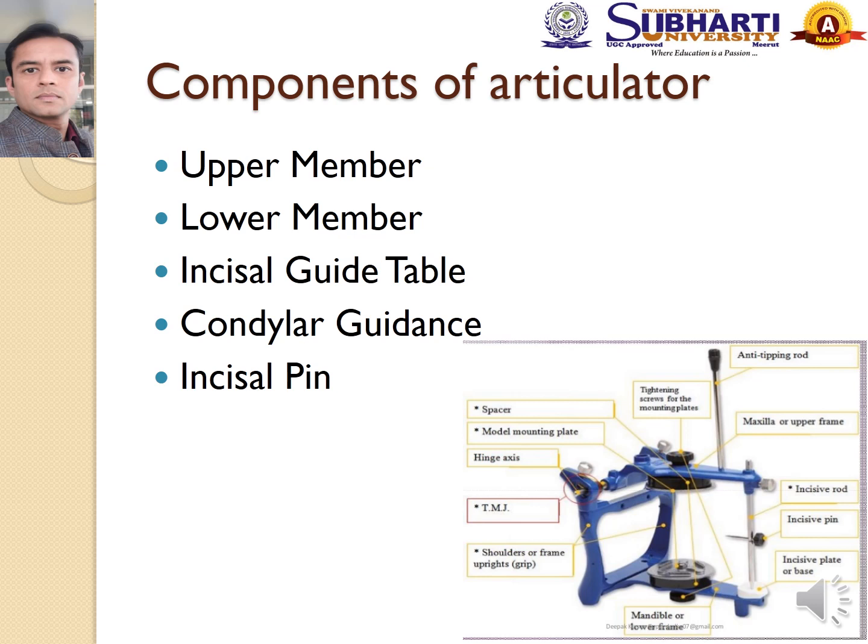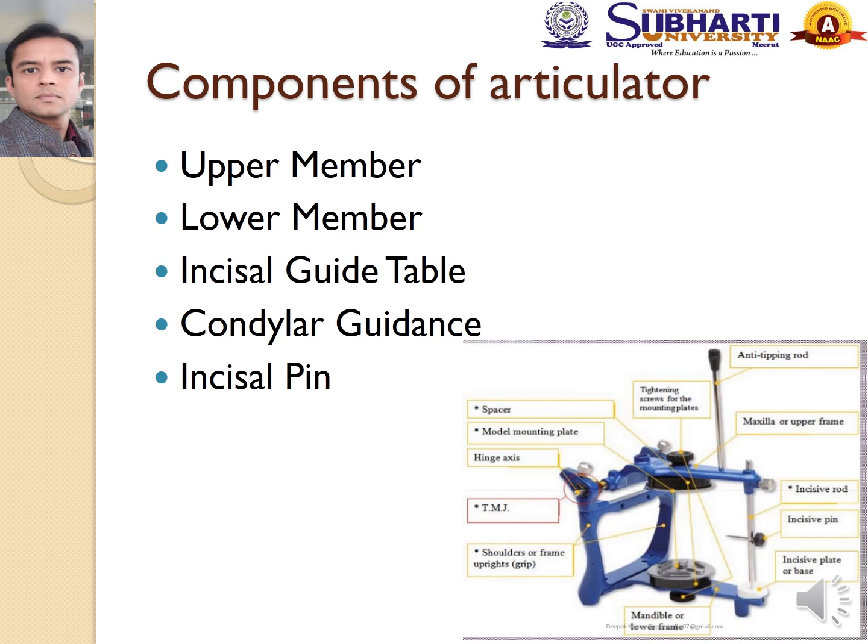Now coming over to the basic components of an articulator. So here we can see we have upper member, lower member. To the upper member we will attach the maxillary cast, to the lower member we will attach the mandibular cast.